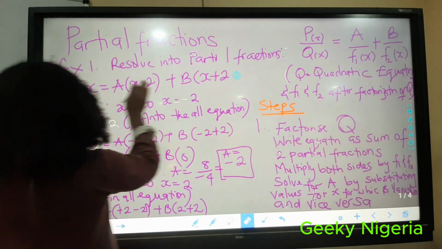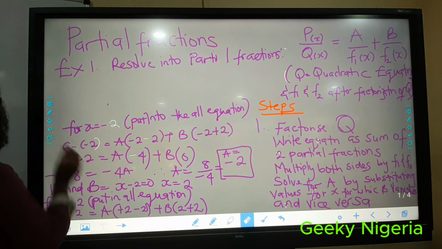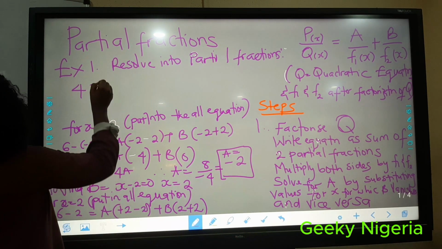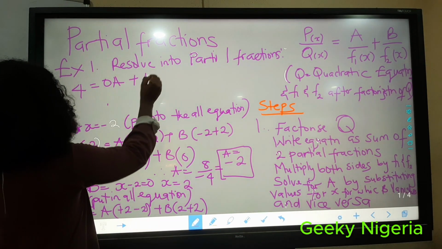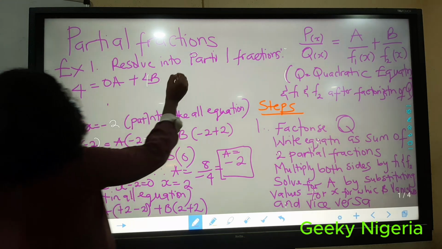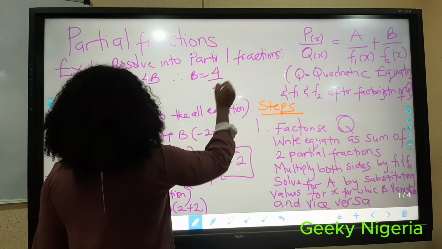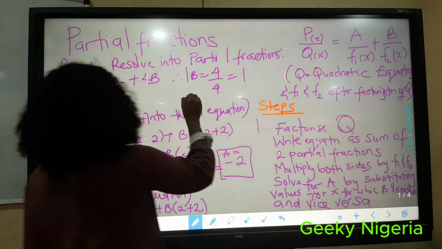So after this, what are we going to be having from here? We're going to be having 4 is equal to 0A plus 4B, right? So it means our B is equal to 4 all over 4, which is equal to 1. So this is our B.